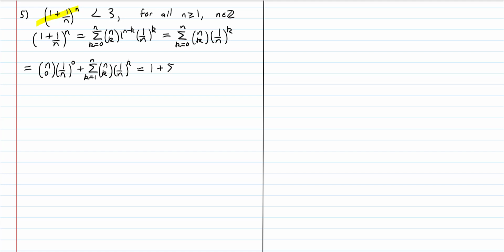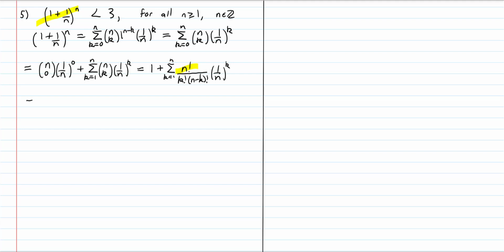So that's going to be then our sum going from k equals 1 up to n. Then we have n factorial over k factorial times n minus k factorial times 1 over n to the power of k. So now we're going to rewrite this n factorial part as n times n minus 1 times n minus 2 all the way up to n minus k factorial.